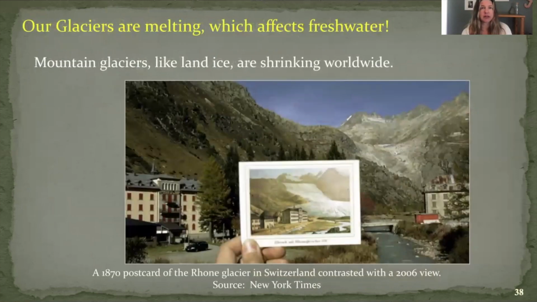Our glaciers are melting, which affects fresh water. Any of you, when you turn on your faucet, ever wonder, where is this fresh water coming from? Yes, it comes from the Erie system, but where do they get the water? Most of our water comes from the reservoirs up in the Rocky Mountains, and the water in the reservoirs comes from the melting of the snowpack.